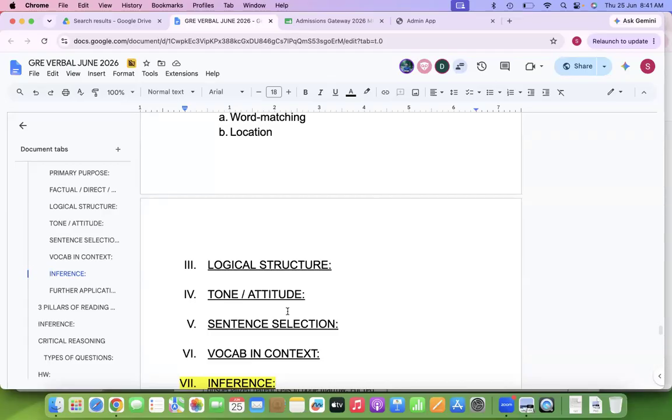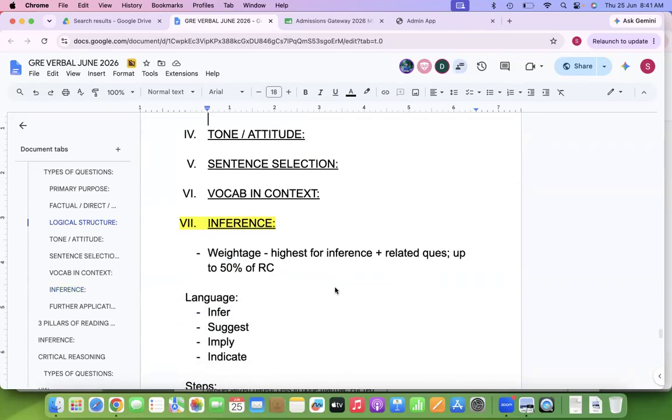We'll move away from these generic passages and we'll stick to what a GRE passage would look like. Next week, we'll also start the vocab questions. So please, pull yourself up on vocab this week.